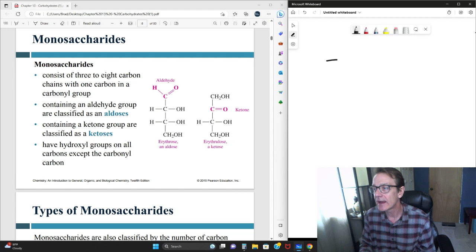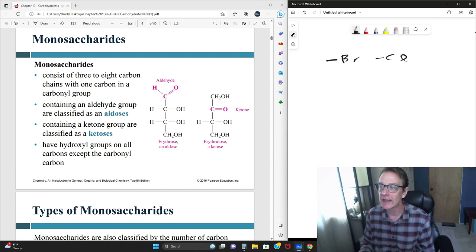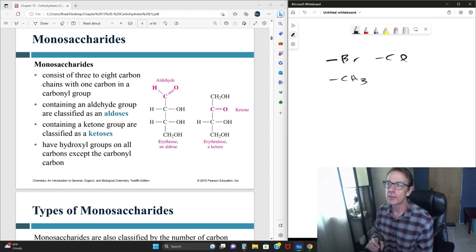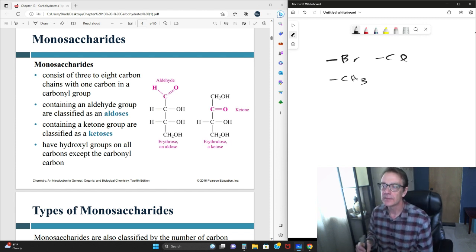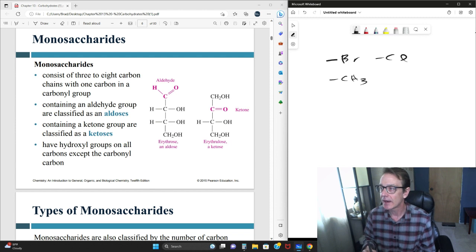So in organic chemistry, we saw things like bromine and chlorine being added, and more importantly for today's topic, other carbohydrate side chains.